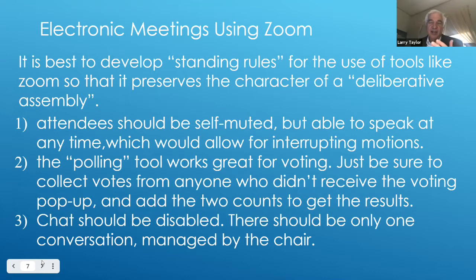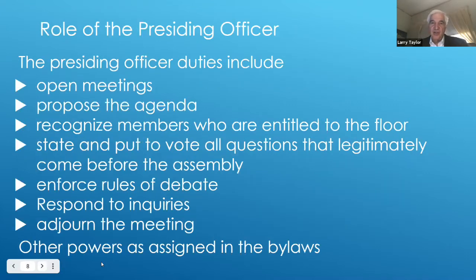But as the presiding officer, you shouldn't be expected to monitor the chat window unless you have a rule that says that you can do that sort of thing. So I recommend that chat be disabled, and if someone has something to say, they follow the rules of order for speaking. But clearly, if the presiding officer has muted everyone illegally, then you need to do whatever you need to do to get attention.